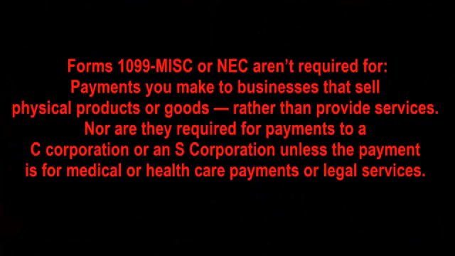Forms 1099 MISC or NEC are not required for payments you make to businesses that sell physical products or goods rather than provide services, nor are they required for payments to a C Corporation or an S Corporation, unless the payment is for medical or healthcare payments or legal services.